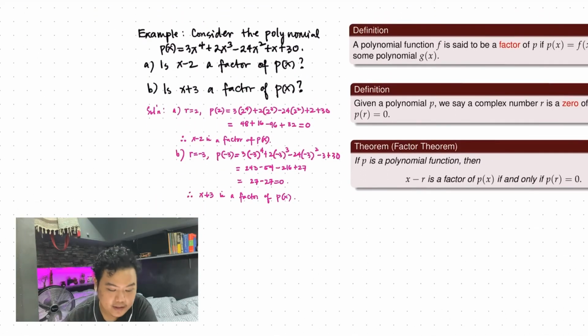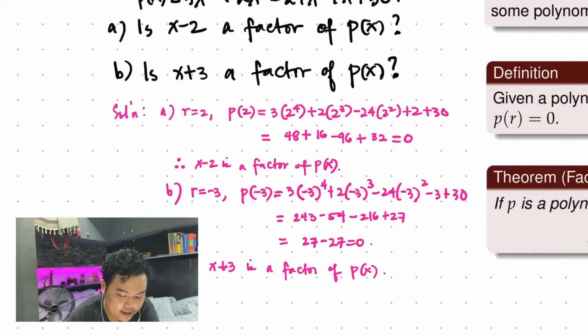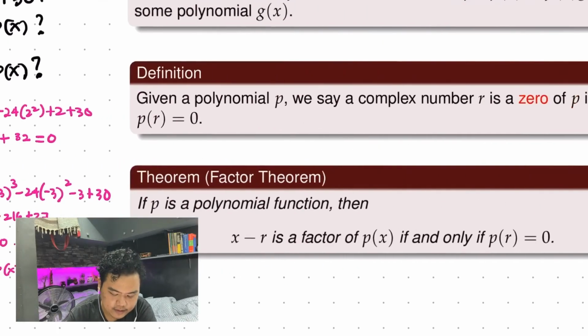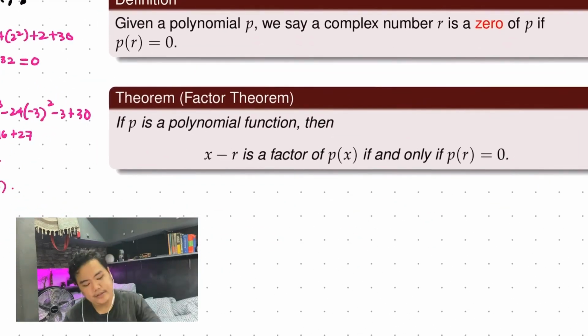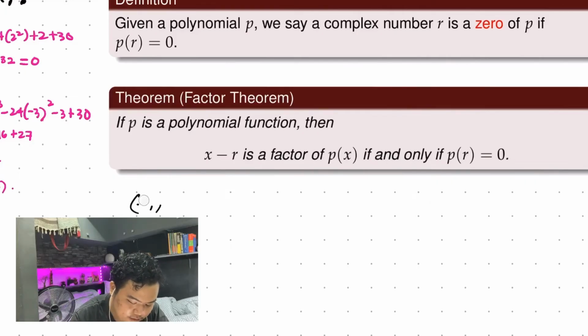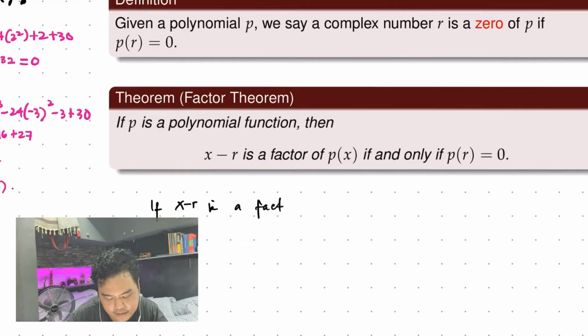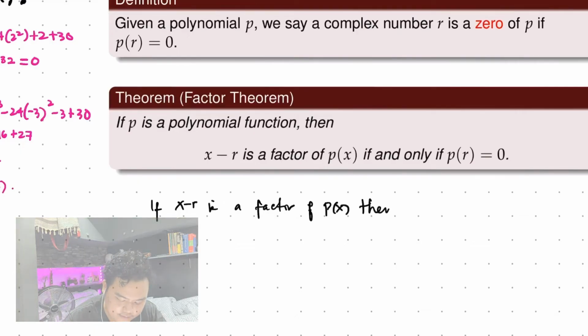Nagets ba yan? So, pag nag-0 yung pinlog-in mo na constant, therefore x minus that constant is a factor of the polynomial. At ano yung justification dito? Very important siya kaya gusto natin i-justify. Yung unang direction: if x minus r is a factor of p of x, then p of r is 0.